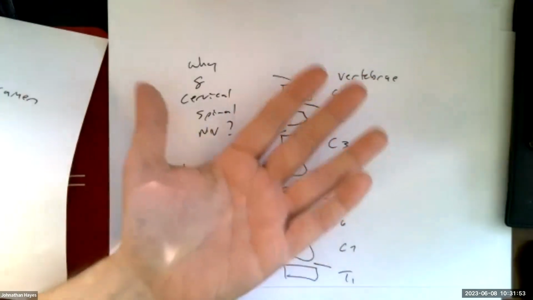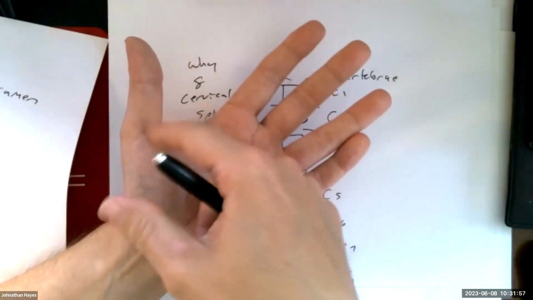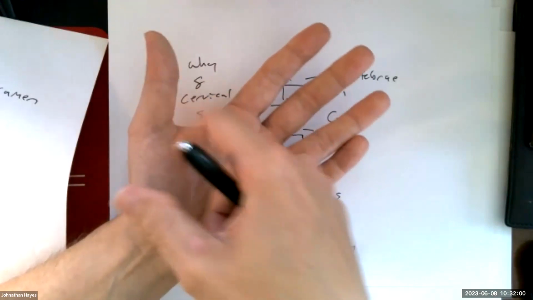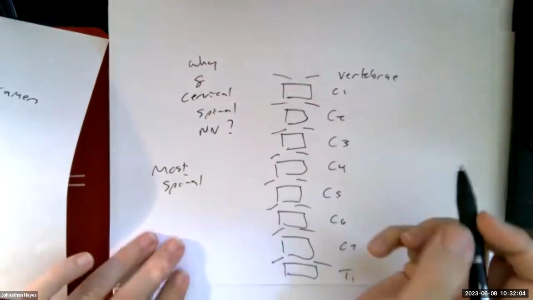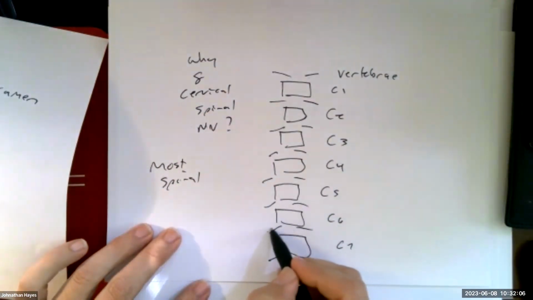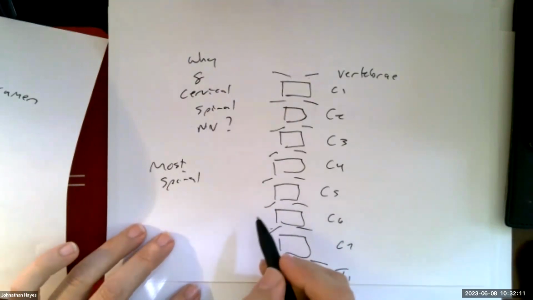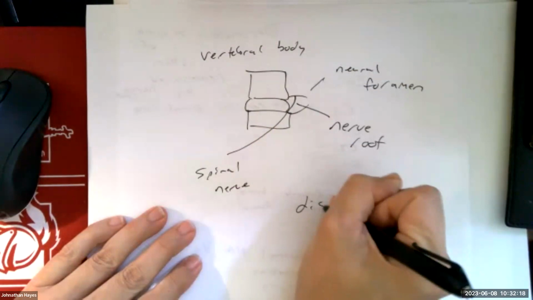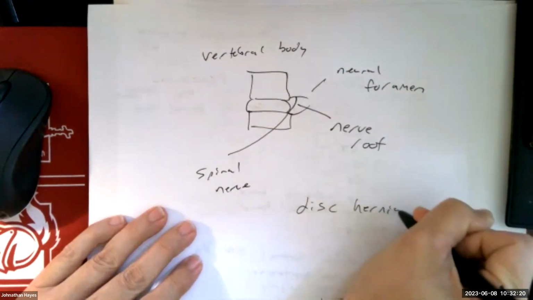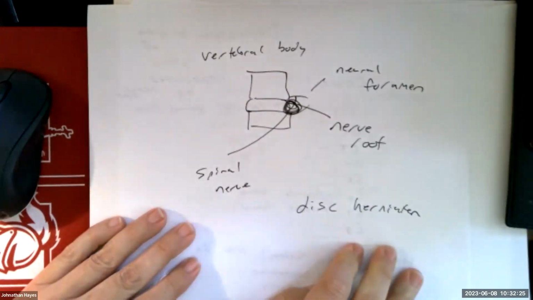So if I'm trying to test some of the skin right here, like if I touch this area of the thumb, I'm actually testing the C6 dermatome. That's going to be picked up and carried by this spinal nerve right here. But if I end up having some type of disc herniation, then that can compress that root.